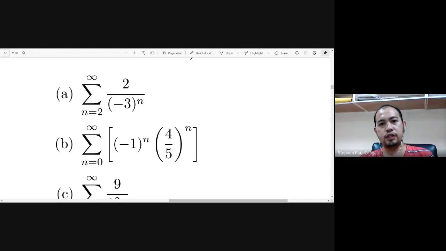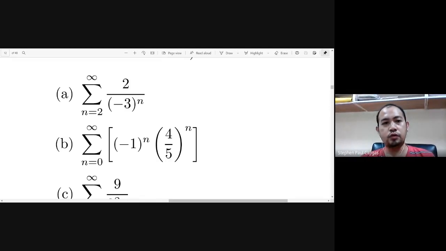If it doesn't converge, then justify why it is divergent. Try solving it on a piece of paper, or if some of you are using a laptop, you can try solving in our Jamboard. I'll give you the link. In the chat box, I put the link for the Jamboard. You can write there.